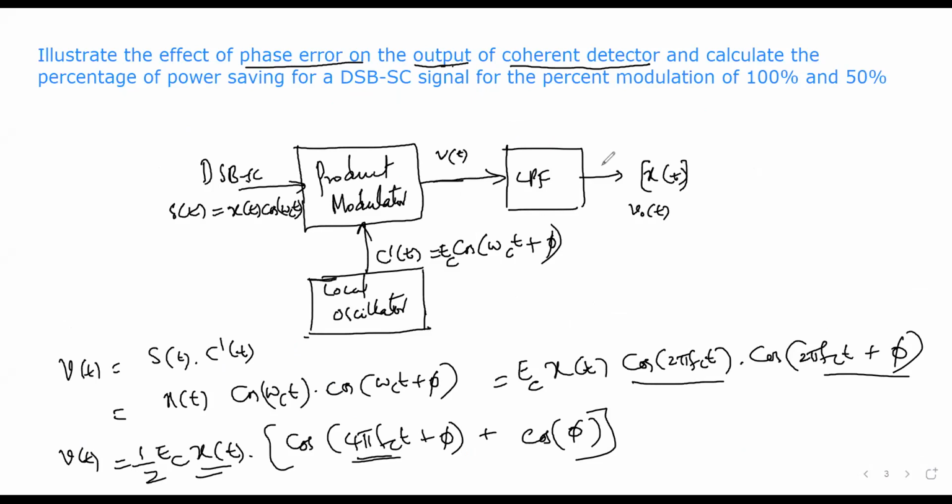So now we'll go with the second half of this question. We are asked to calculate the percentage of power saving for a double sideband suppressed carrier signal for the percentage modulation 100% and 50%.